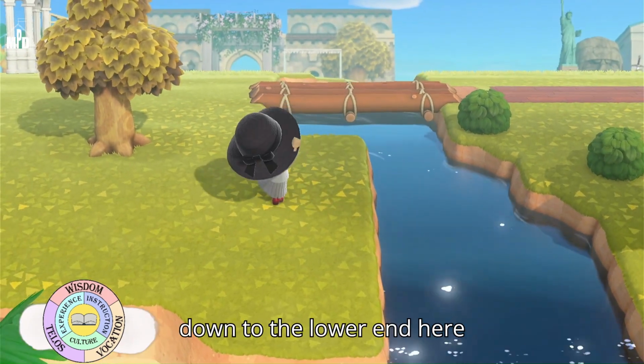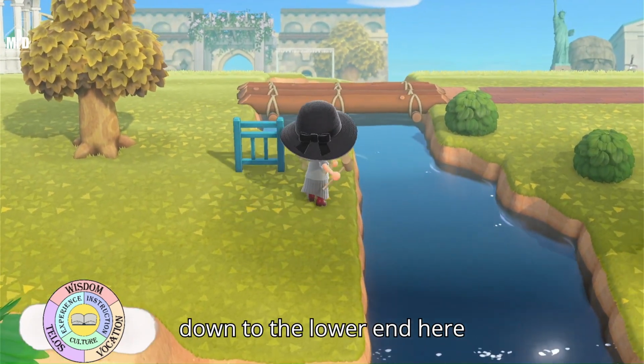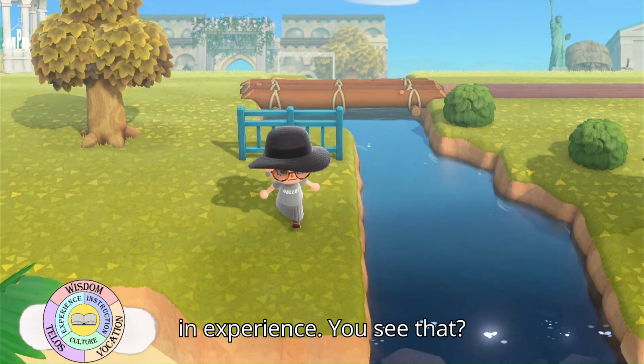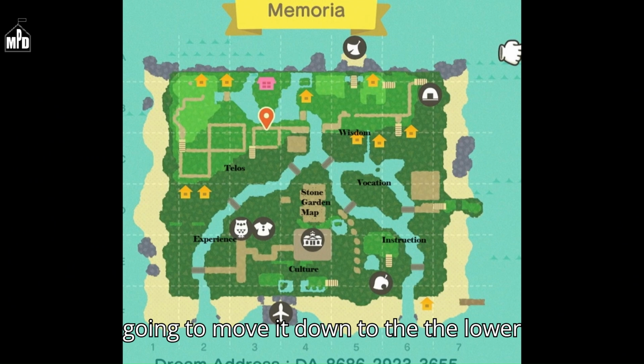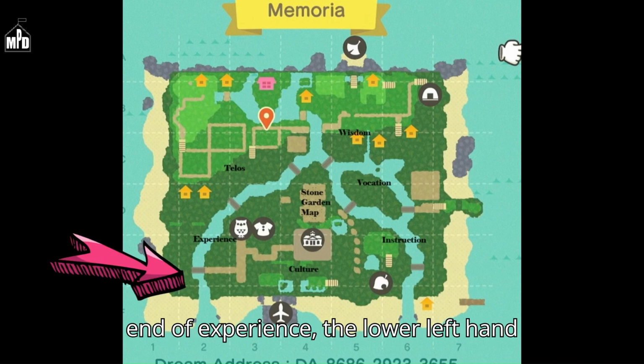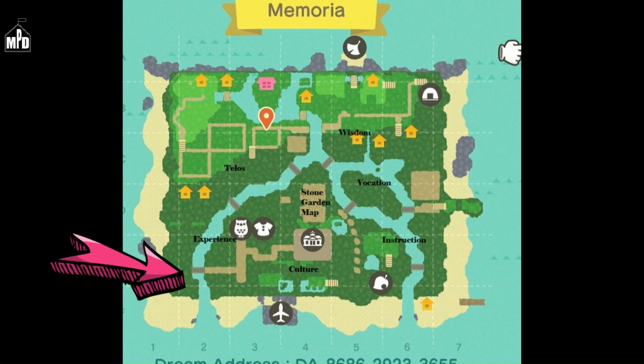But down to the lower end here in experience, you see that. So excuse me, let's say that again. We're going to move it down to the lower end of experience, the lower left-hand side of our experience section.